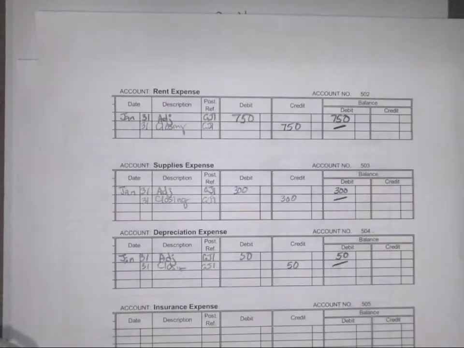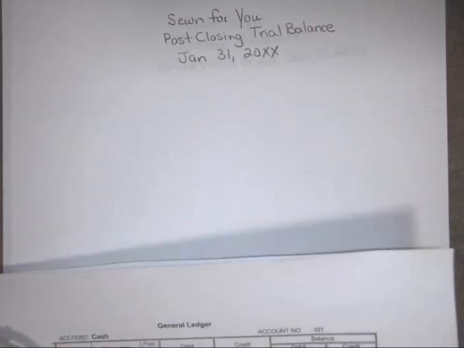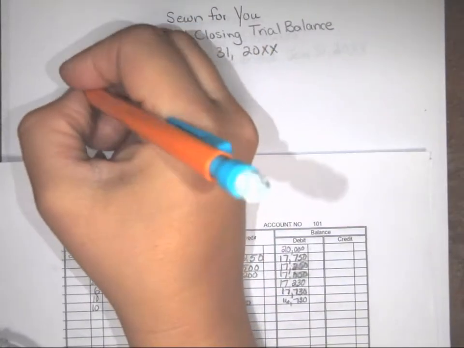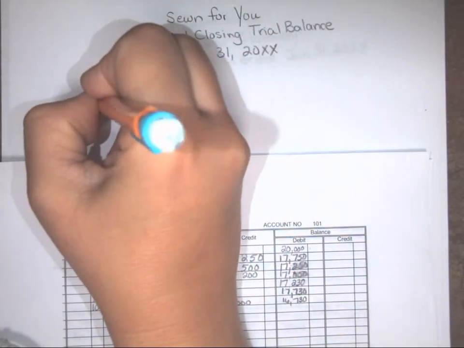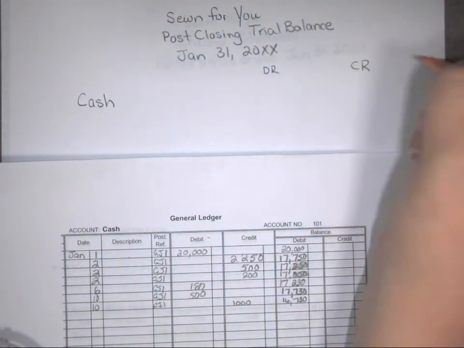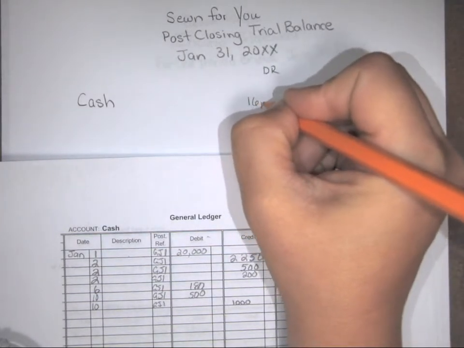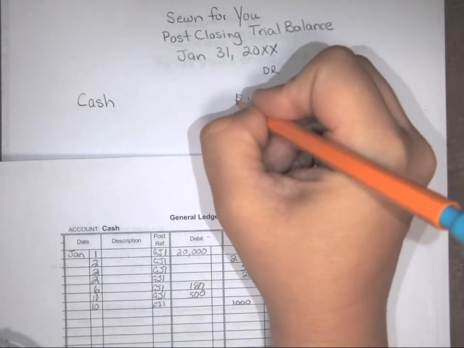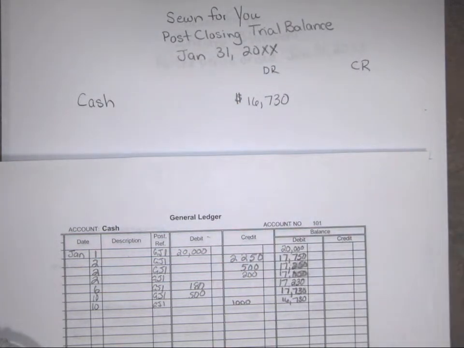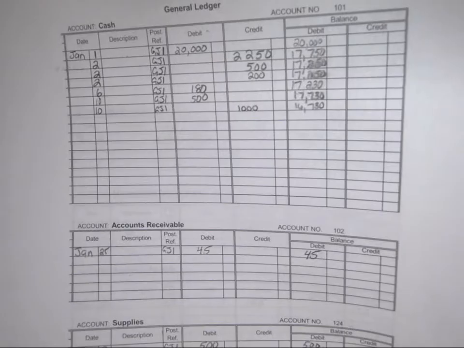So in looking at completing this, what we are going to look at is our general ledger. We will go off our general ledger just like we have with all of our other ones, and so we will have the name of the account. Remember, there is a debit column and there is a credit column. So for our cash account, what we have is $16,730, and that should have a $ with it because it's the first one. The next one that we see is the accounts receivable, 45.